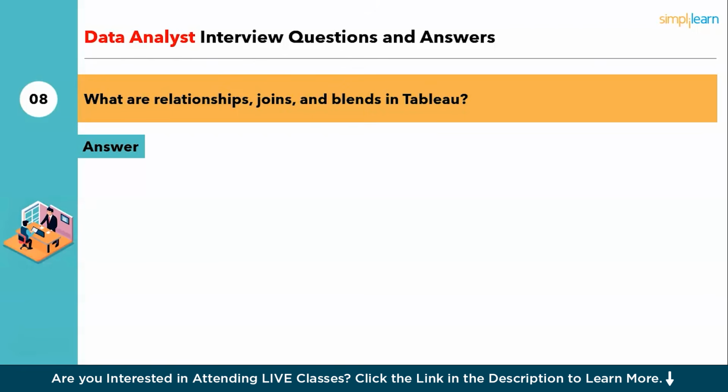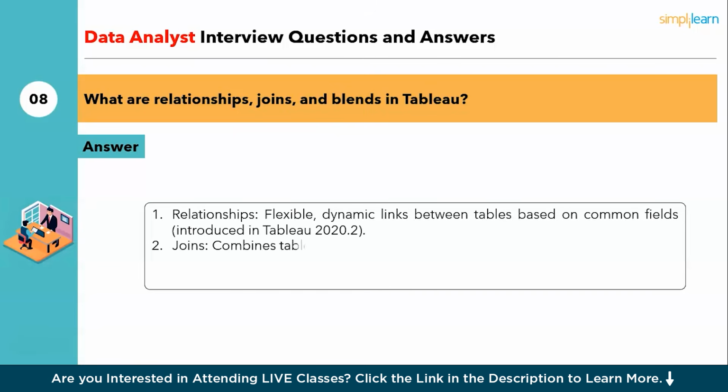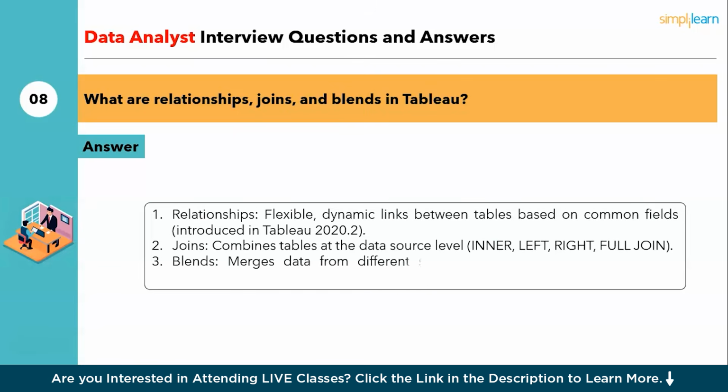So one typical answer for all these things is as follows. Firstly, relationships: flexible, dynamic links between data tables based on common fields, introduced in Tableau 2020.2. Joins combine different tables using data source level inner, left, right, full join, and Cartesian. As mentioned, there are a lot of joins.